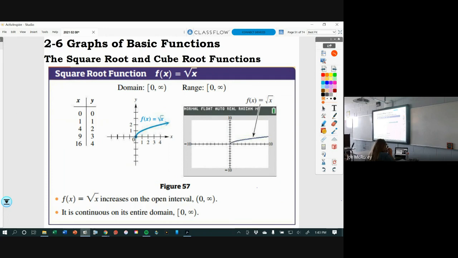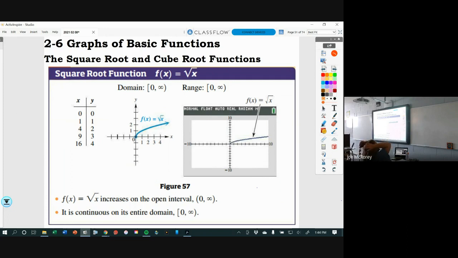And this graph increases, right? Always. It's always increasing from 0 to infinity. Notice every one of these starts at 0. I'll also point out, on the increasing part, you're going to see textbooks argue on this factor right here. This book says it's increasing on the open interval 0 to infinity.